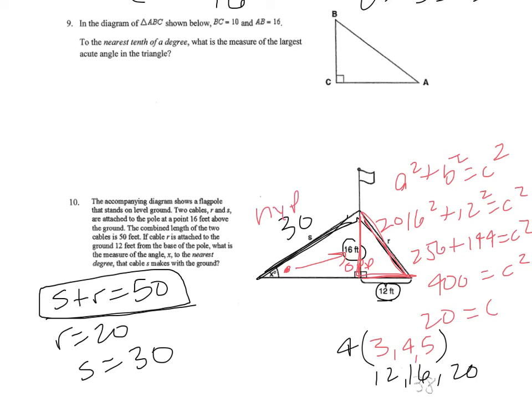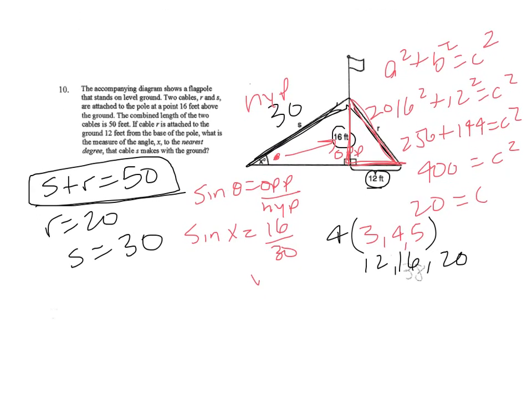I should probably use sine. Sine of theta equals opposite over hypotenuse, and sine of x is equal to 16 over 30. And then when I type it in correctly, I wind up with x is equal to 32 degrees.